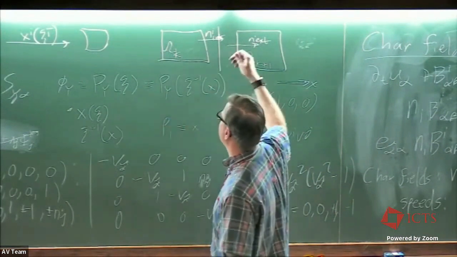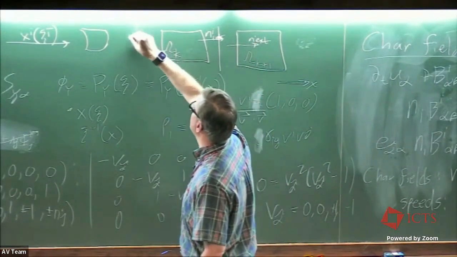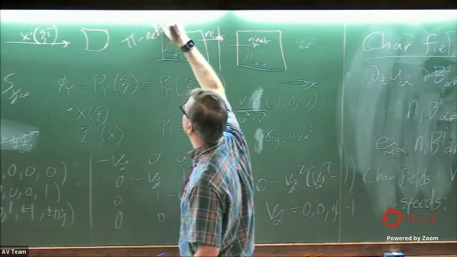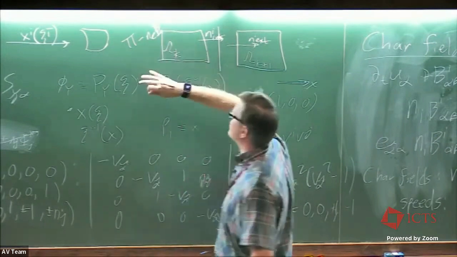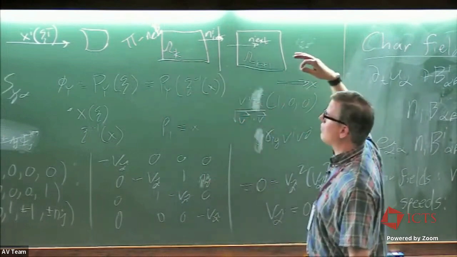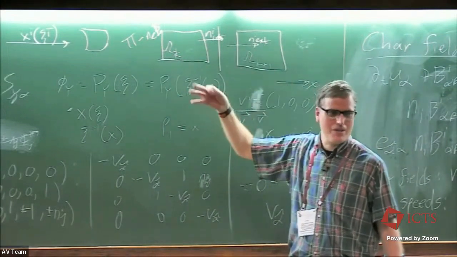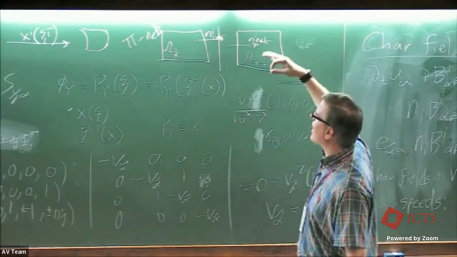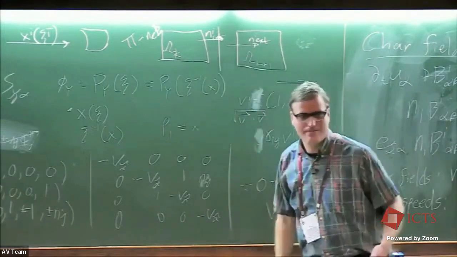Only the combination that has a negative characteristic speed, which turns out to be pi minus the normal component of phi. And that turns out to have a speed of 1 in my units because I set the speed to be 1, but that could be the speed of light or whatever for the waves. And that corresponds to information flowing in.